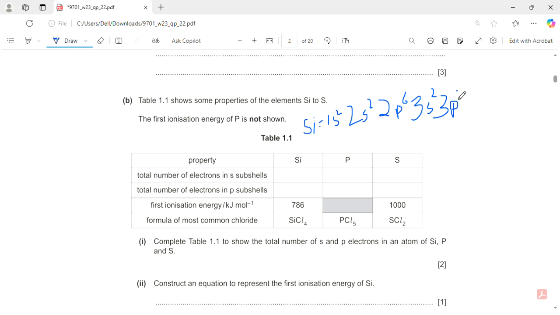So in silicon, we have in the s orbitals 2 plus 2 plus 2, so 6 in s subshells. And p subshells 6 plus 2, that is 8.